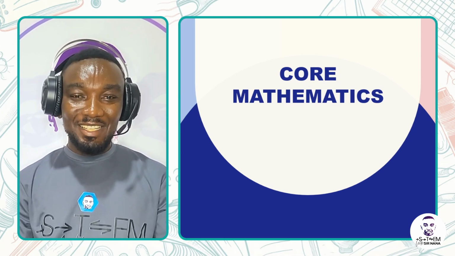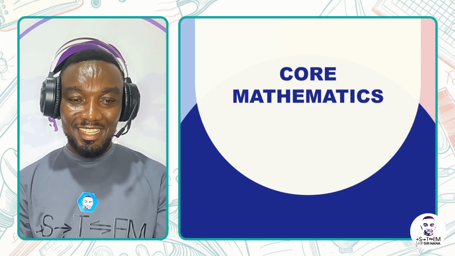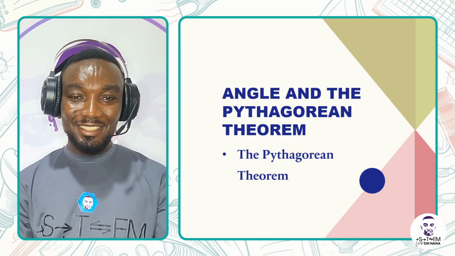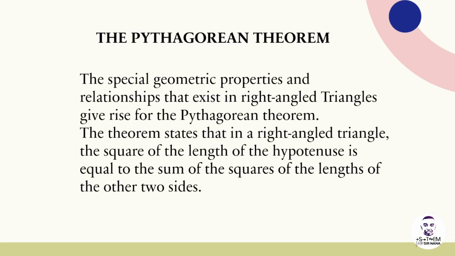In our previous lesson, we considered an example of how we can find a missing angle where we have the sum of interior angles. In this lesson, we want to begin by looking at the Pythagorean theorem. So when we look at the Pythagorean theorem, basically we have a right angle triangle, which is a triangle that has a 90 degree angle on one side, right?